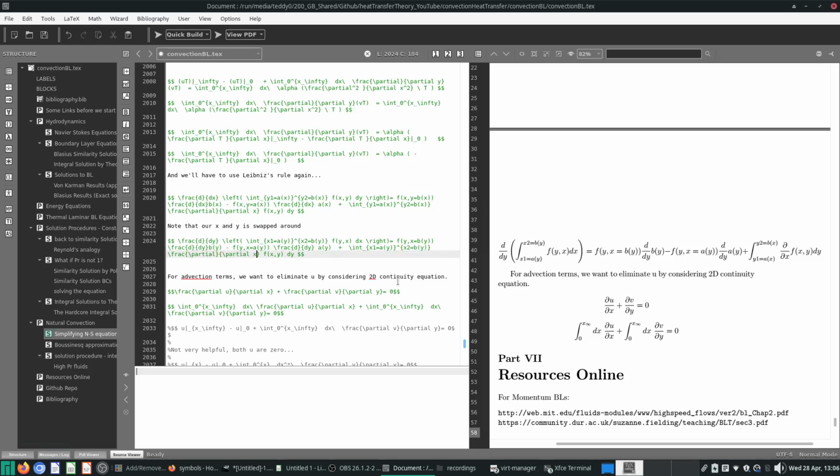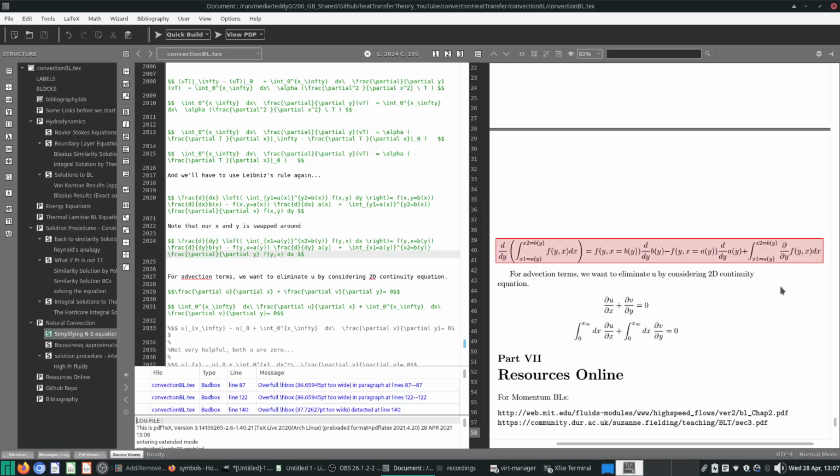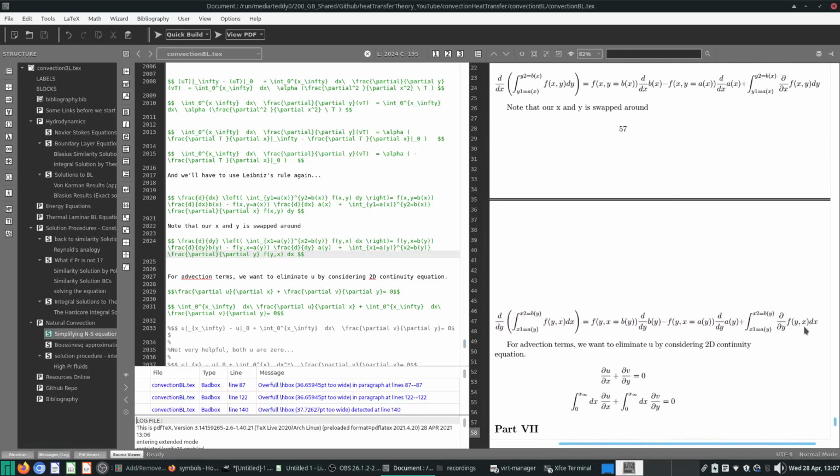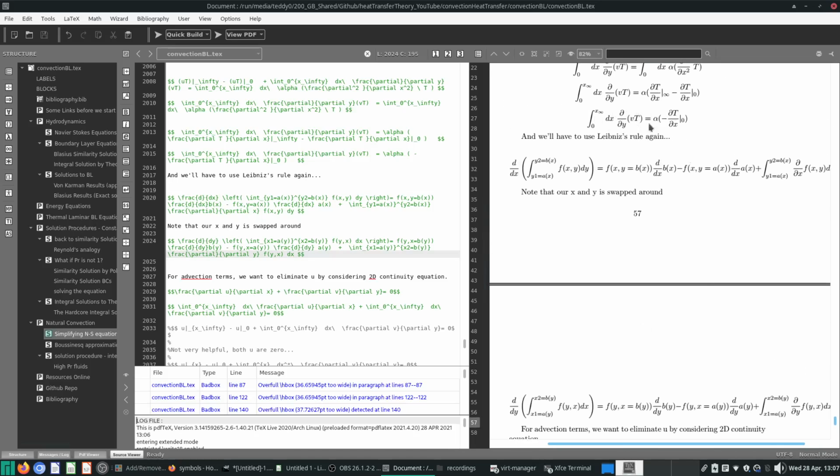Then I'll do a partial by partial y, f(y,x) dx. So I just reversed: everywhere I see y, I will replace it with x, and everywhere I see x, I'll just replace it with y. So that's to make it more consistent with what we are doing here.